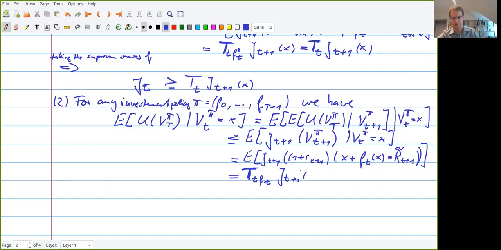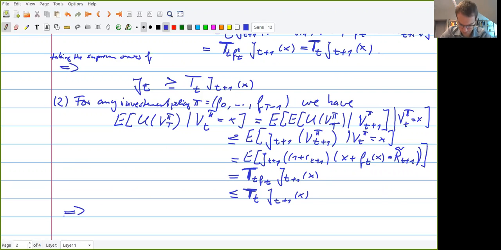Right. Given x, and this is what can be estimated from above by taking the supremum here. So the overall decision rules. So we have here capital T at time t of j t plus 1 given x. Okay.